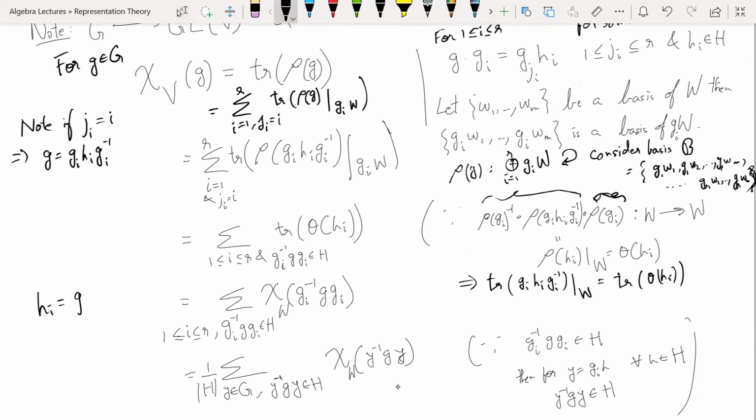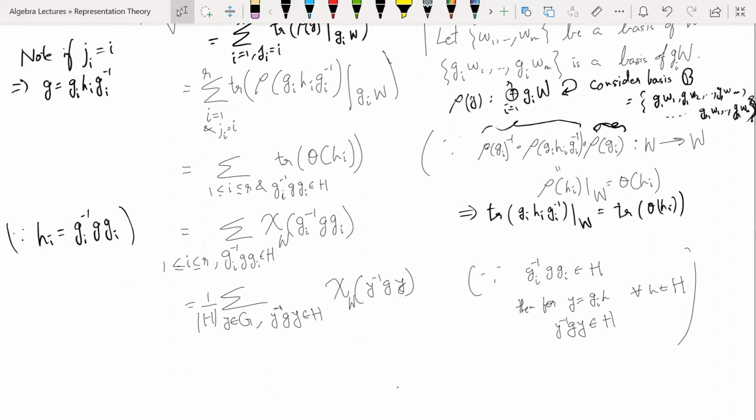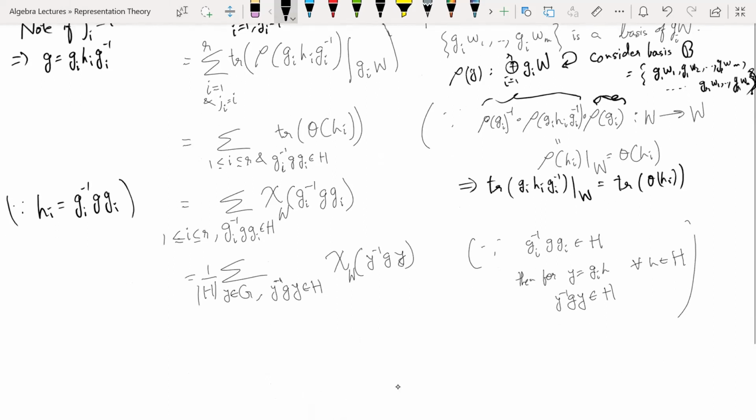So remember H_i is G_i inverse G G_i. So that tells you that instead of theta H_i, you just look at the character. The trace of theta H_i is the same as the character of the representation theta of W, evaluated at G_i inverse G G_i. And we are summing over the same indices. So this is the formula.